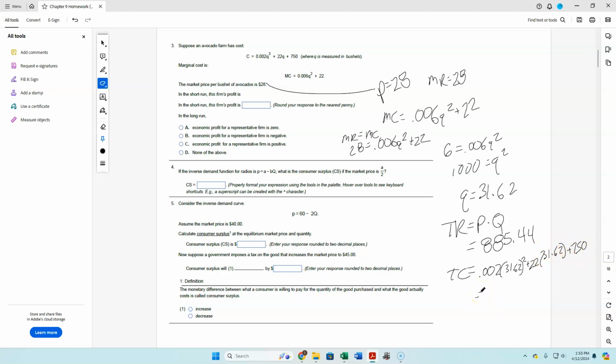Okay, well, let's throw that all in there. Now, because I'm doing this rounding, I'm going to get slightly inaccurate numbers, but we'll just have to live with it.